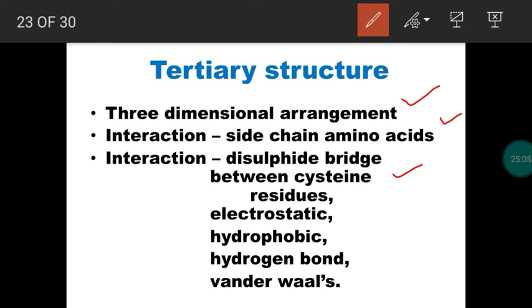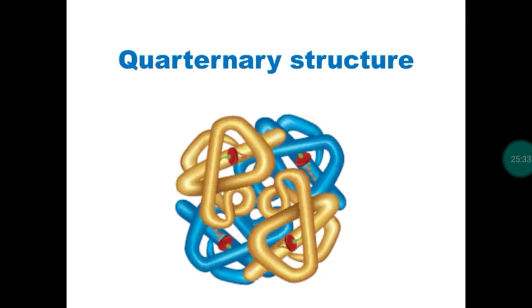If cysteine is present in the polypeptide chain, between the cysteine residues or polypeptide chains, there will be a disulfide bridge, or it may be electrostatic force of attraction, or it may be hydrophobic interaction, hydrogen bonding, then van der Waals interaction. So all these types of interactions are possible in tertiary structure.